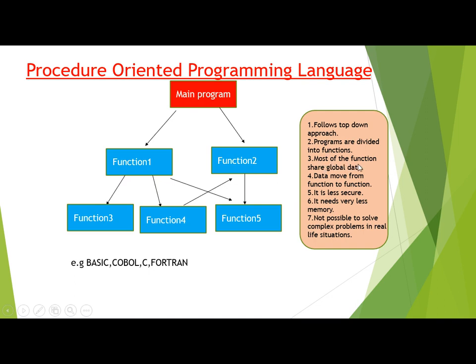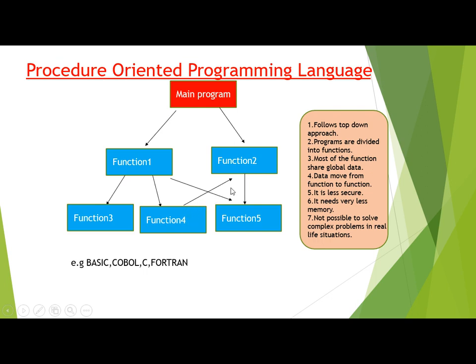Now what is this? It will be clear when we deal with the other points. Most of the functions share global data. Here in this program, all these functions will share global data. Global data means there will be one common data which will be shared by all the functions in the program. And data move from function to function. Suppose the data is being accessed by function 4, and then function 4 calls function 2.